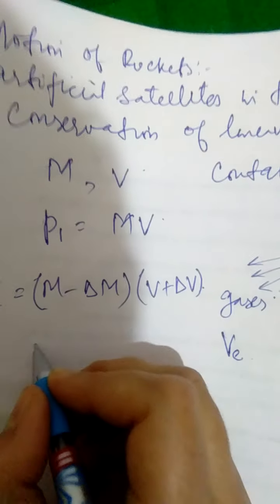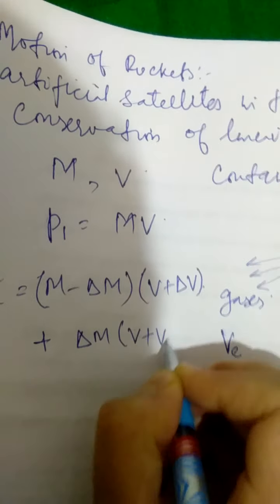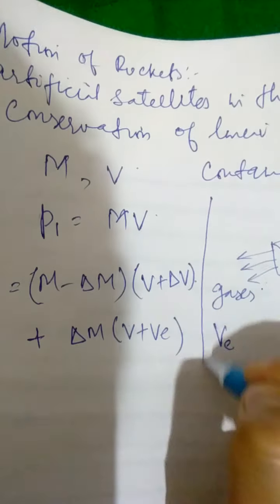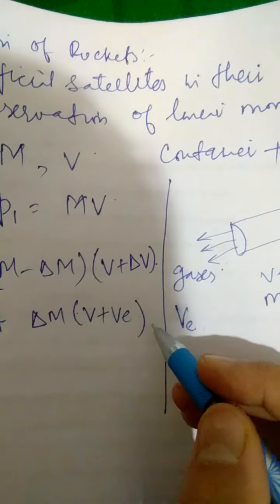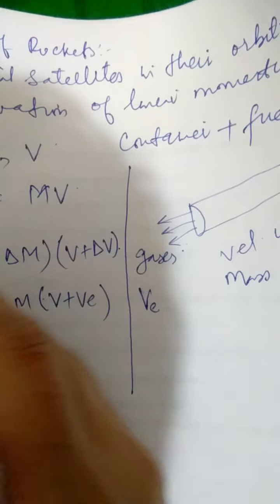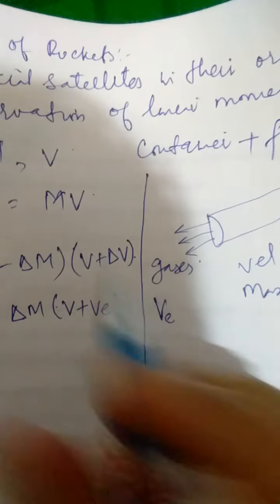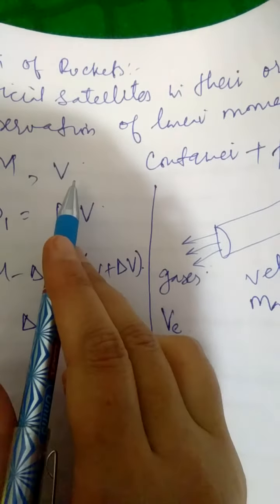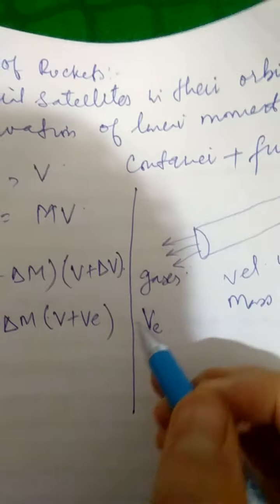To this, we will also add a factor delta m times (v plus ve), where delta m is the mass of the gases that leave the rocket. In fact, when they leave in the backward direction, they produce a thrust on the rocket in the forward direction, due to which it progresses ahead. Now, v is the velocity, and ve is the exhaust velocity with which the gases leave the rocket.